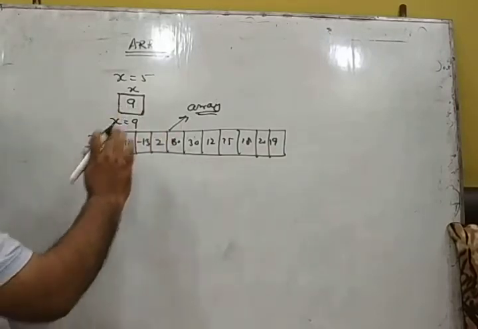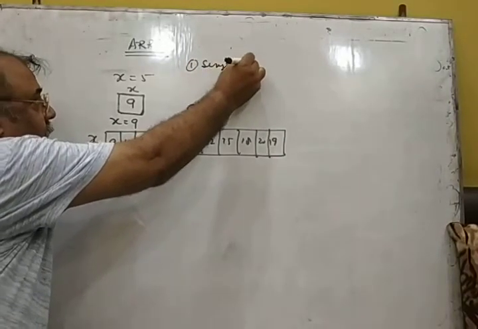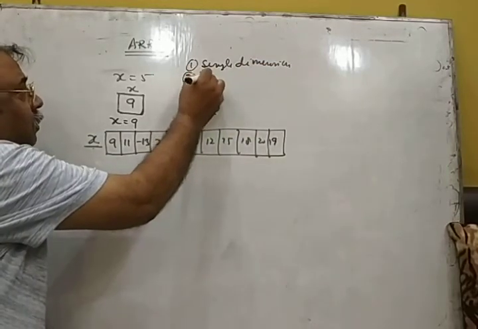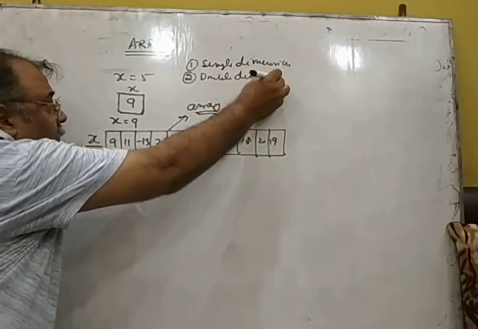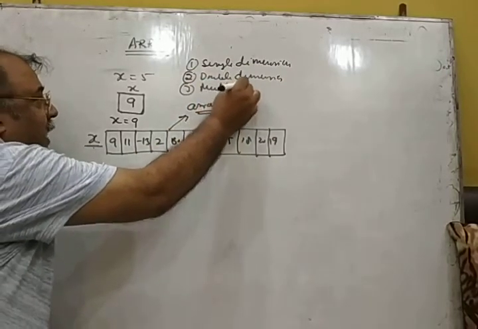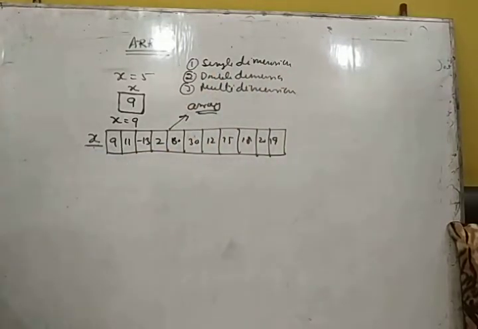Arrays are of different types: number 1, single dimension, number 2, double dimension, and number 3, multi-dimension. Right? Single dimension, double dimension, and then multi-dimension.